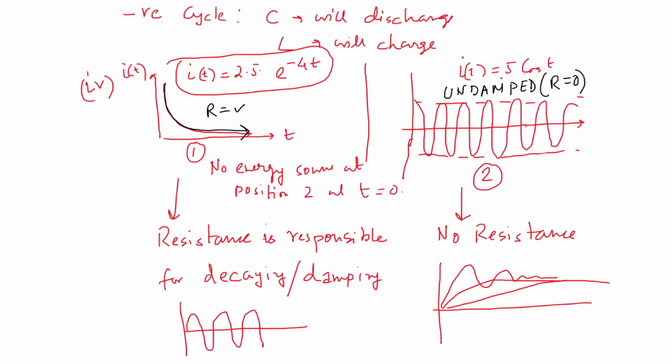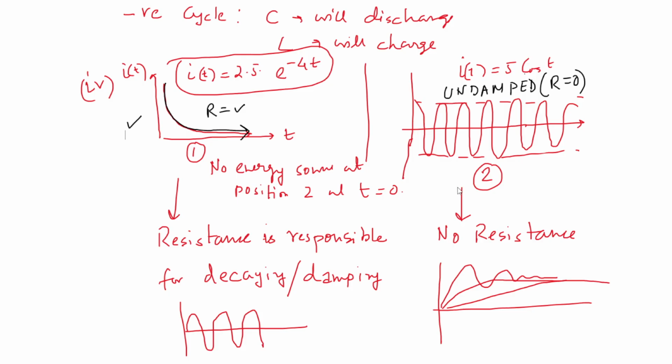Even when we have no energy source for both of the cases, since there is no resistance present, we have undamped response. However, for case number 1, since we have no energy source and still a resistance present, whatever energy stored by the inductor is dissipated through the resistance. That is why it is not maintaining its profile.